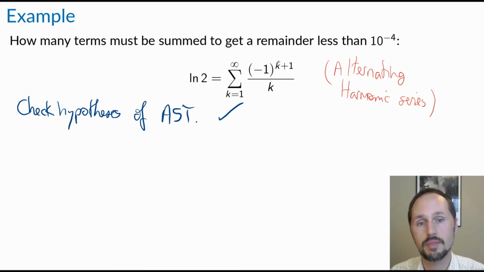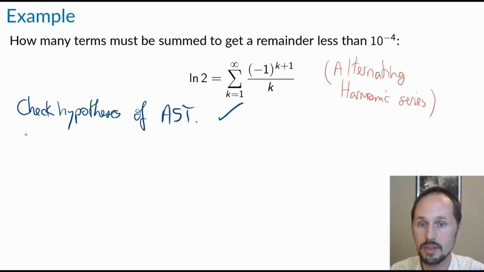We need to check that 1 over k is a decreasing sequence in k. It is. And we need the limit of 1 over k to be equal to 0. Those are the three things we need to check to use the alternating series test. It checks out.